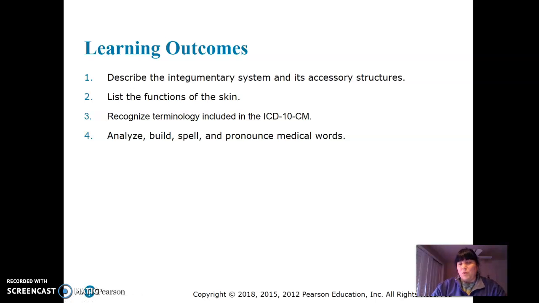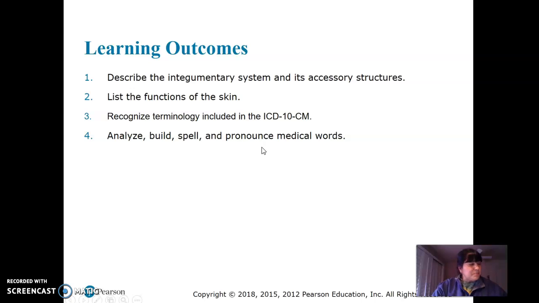Right, so what are the goals, the learning outcomes? Describe the integumentary system and its accessory structures. So skin is the biggie, and the accessory structures are hair, nails, glands. Functions of the skin, terminology, analyze, build, spell, pronounce medical words.